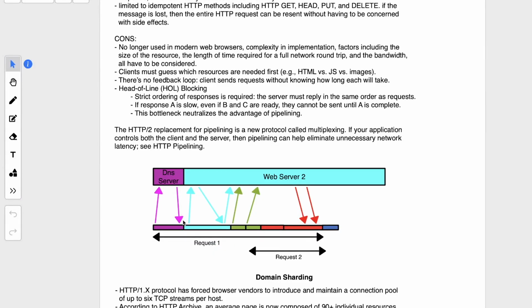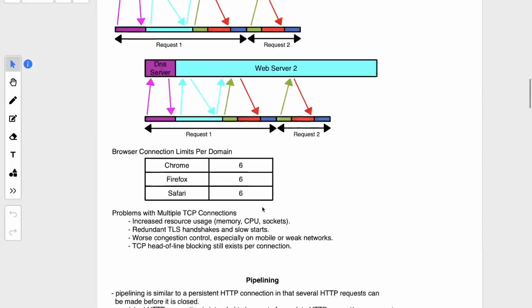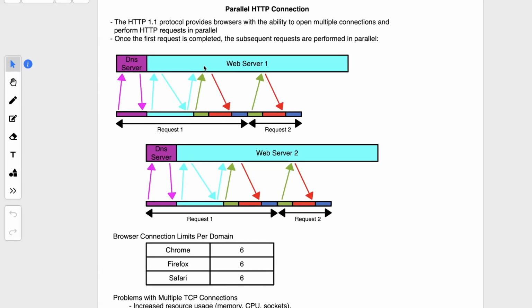So here, after the DNS lookup is done and the connection is made by the client to a web server, the same thing will happen. The only difference is that in pipelining, all the requests will be made without waiting for the response of the previous request. As you could see earlier, once the response came back for the previous request, only after that was another request made to the same server.